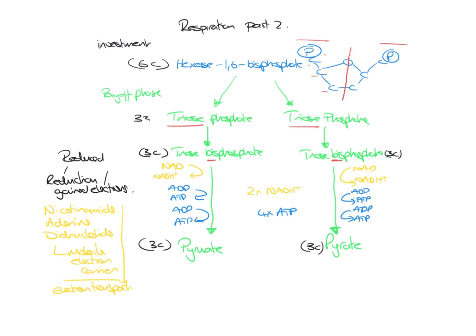It becomes two 3-carbon molecules, and it remains as 3-carbon molecules, so no carbons are lost at this point. Glycolysis ends in the molecule pyruvate. It would be helpful if I could spell pyruvate correctly. But there we go. So it ends in the molecule pyruvate, which then will get taken forward to do other reactions.